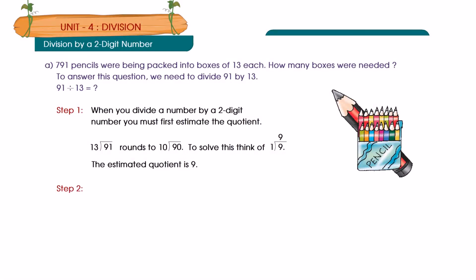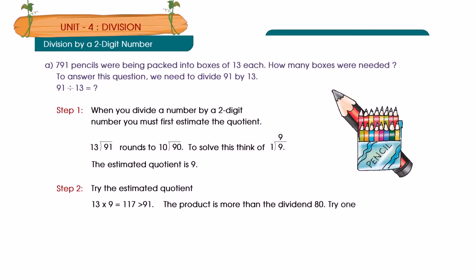Step 2. Try the estimated quotient. 13 into 9 is equal to 117. 117 is greater than 91. The product is more than the dividend. Try one number smaller. 13 into 8 is equal to 104. 104 is greater than 91. The product is more than the dividend.